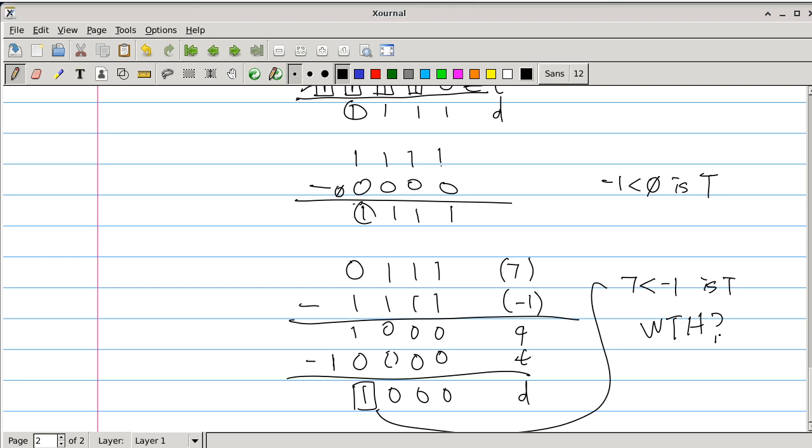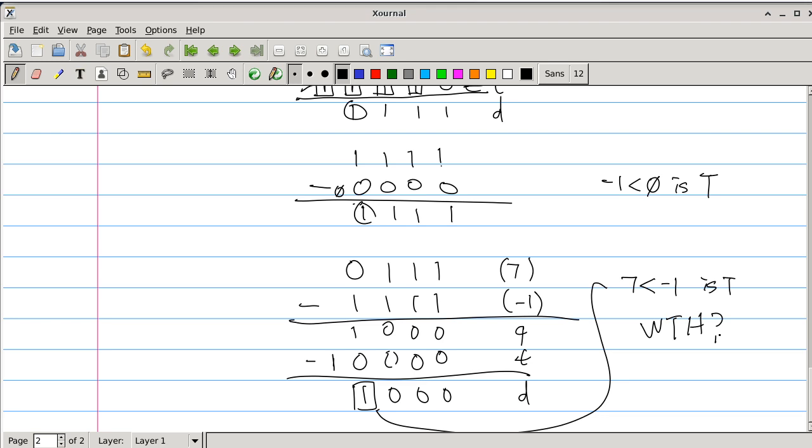That makes no sense, because if you subtract a negative quantity from a non-negative quantity, it should always be non-negative. But we have just crossed over that line because we ran out of values that we can represent using only 4 bits. That's why it's called an overflow situation. So when we have an overflow situation, the sign bit cannot be relied on anymore. It will say the opposite of what it is supposed to be.